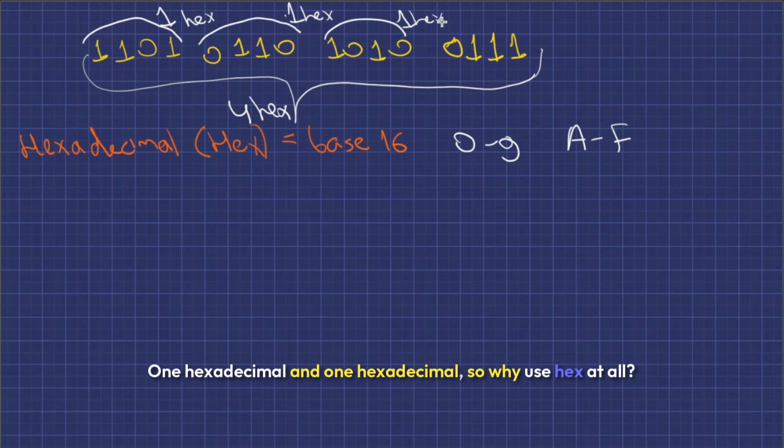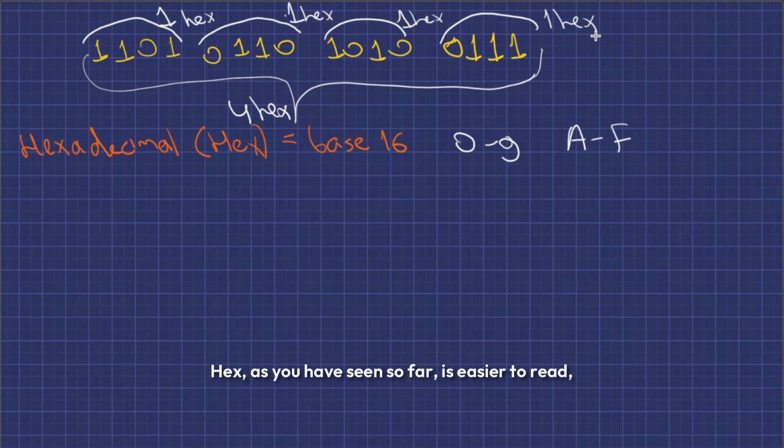So why use hex at all? Hex, as you have seen so far, is easier to read, has a shorter representation, and it is common in debugging and programming, as you will see in next lectures.